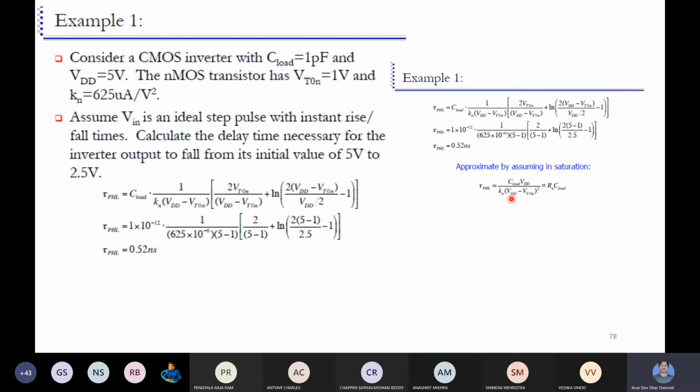So this term is Kn, VDD, VT0n, and the C load you can separate out, and the remaining term is basically proportional to Rn.